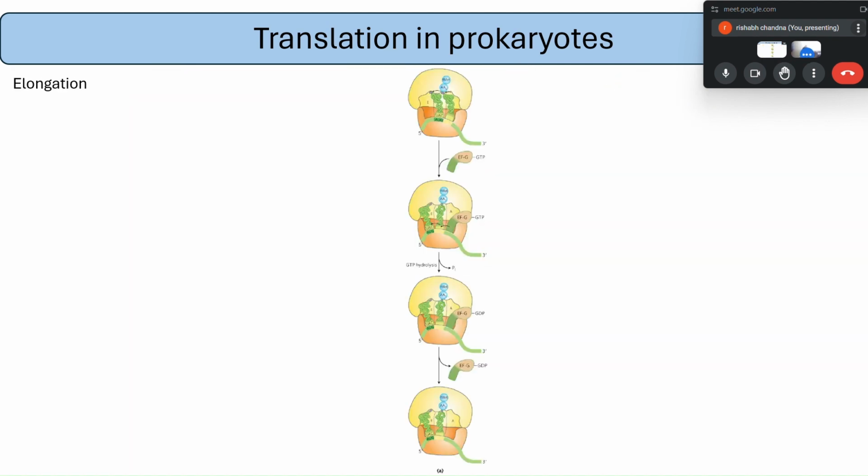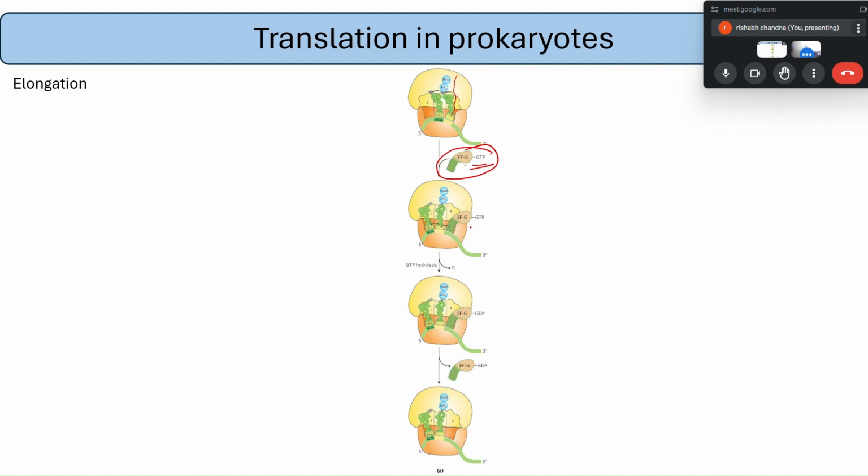So now the translocation happens. So this is the tRNA with the growing peptide chain. Now this moves with the translocation factor, that is EF-G, that is also GTP bound.